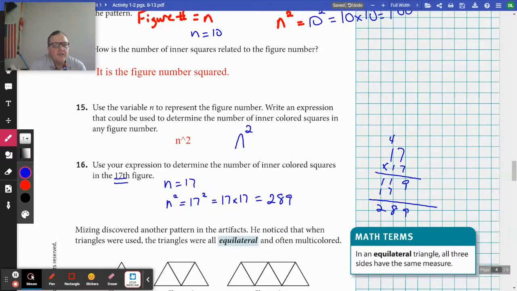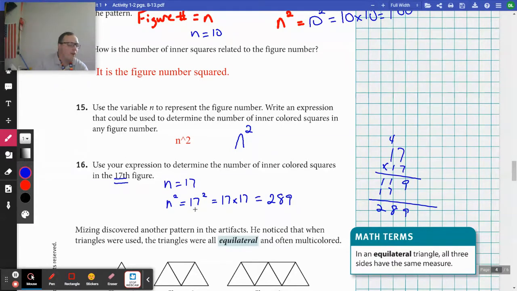So Myzine discovered another pattern in the artifacts. He noticed that the triangles were all equilateral. That's a vocabulary word. Equilateral, and often multicolored. All right, equilateral triangle simply means that all three sides have the same measure. We know that equi means equal, right?